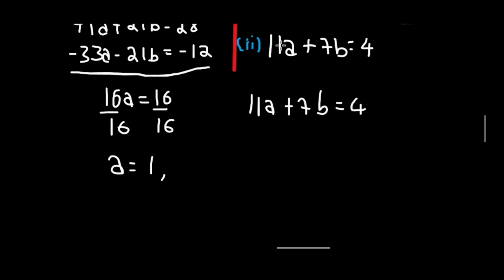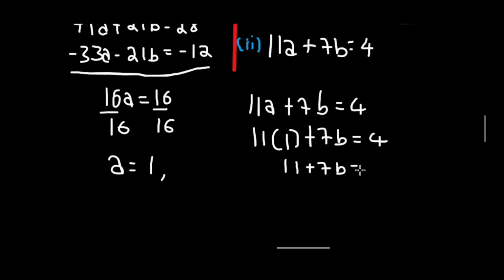Where I have a, I'm just going to replace it with 1. And it's very important if you're in an exam or in a test to show each and every step. That's why I'm being cautious. So this will become 11 plus 7b being equal to 4.